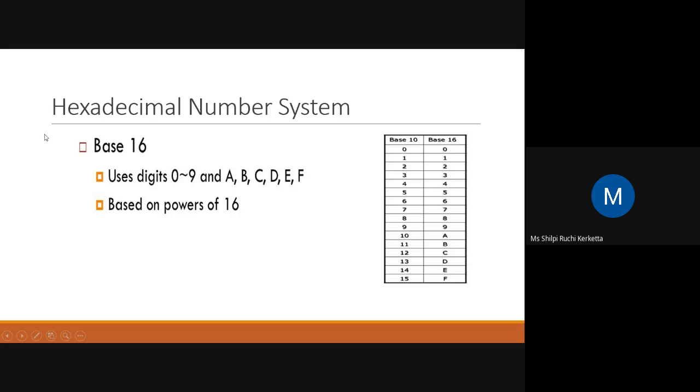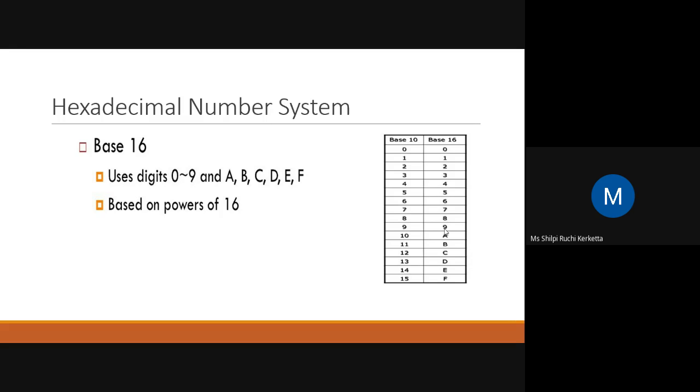What are the characteristics of the hexadecimal number? Hexadecimal means 16. The base for hexadecimal is 16, which means we have 16 different digits. First the digits from 0 to 9, and then A, B, C, D, E, F. We don't want to make this one digit into two digits. So just remember, after 9 we are not taking two digits.